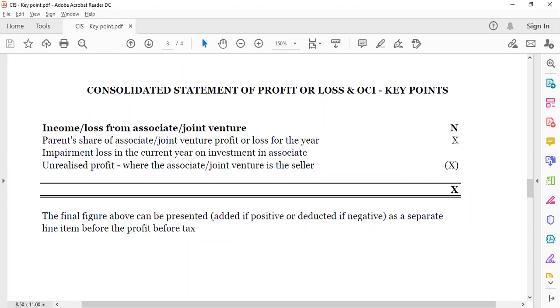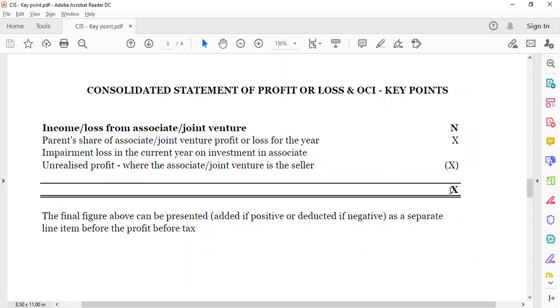By the time you add these three up, the final figure will be presented as a separate line item before profit before tax. So if this final figure is positive, that means it's an income. But if this final figure is negative, that means it's a loss from the associate. So these are the three things you add together to get the income or loss from the associate, which is the last aspect of the additional information.